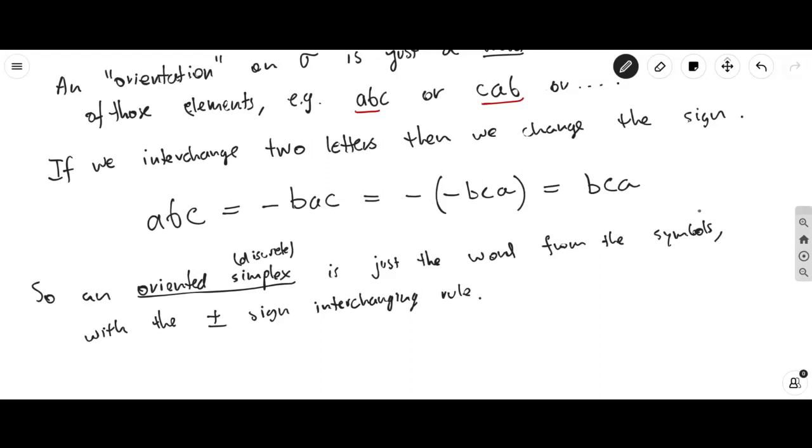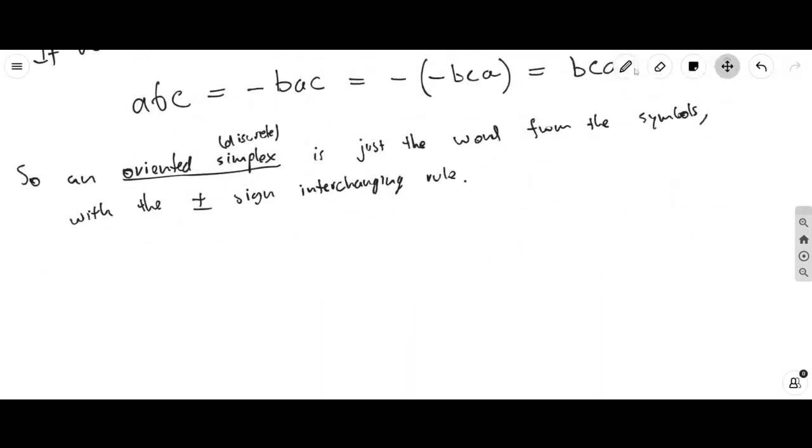So let's just see a picture of this. So we have ABC and we have negative BAC. So let's write down ABC. So you have A, B, C. This is your simplex. Because you have three of them, the dimension is 2. So you have to represent it as a two-dimensional picture.